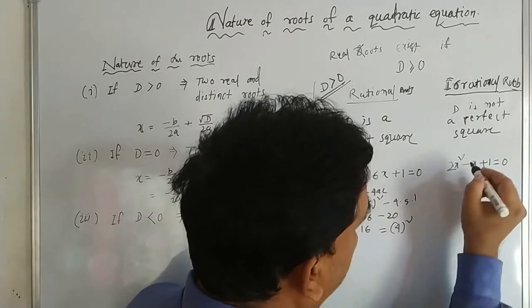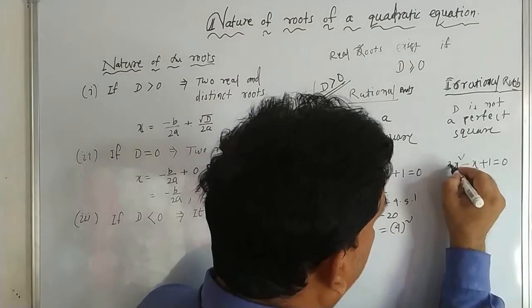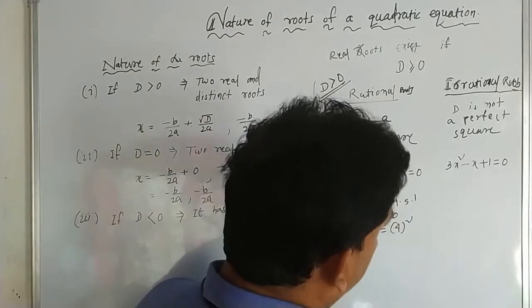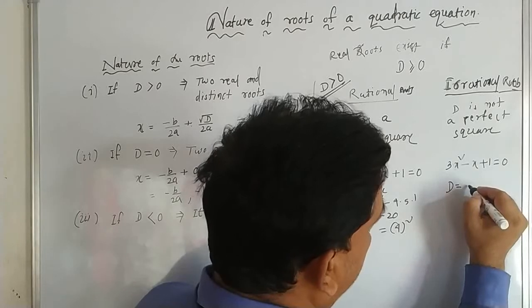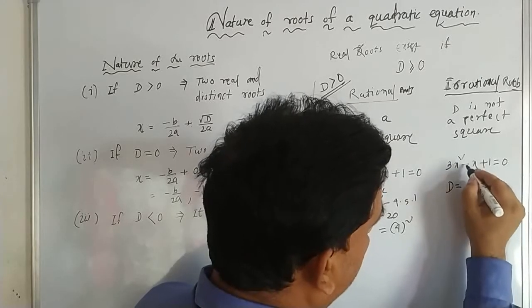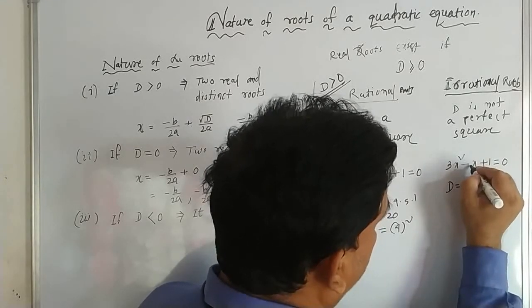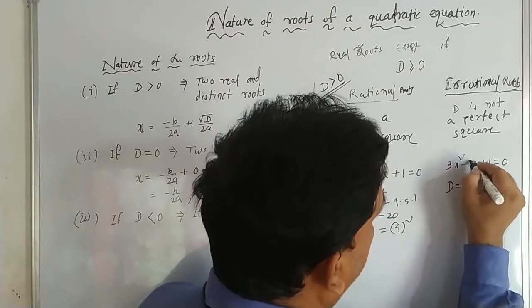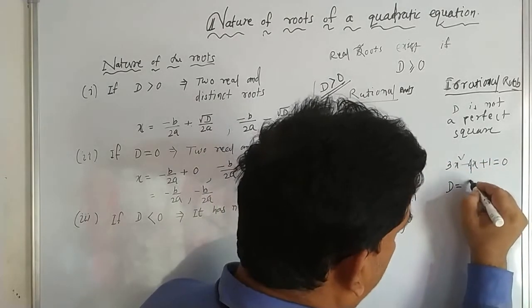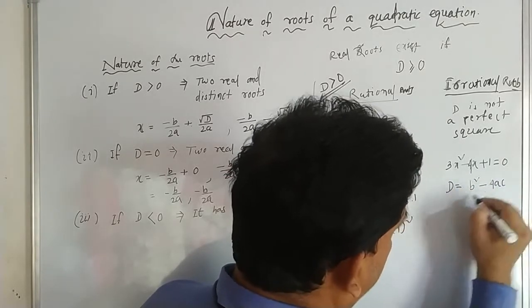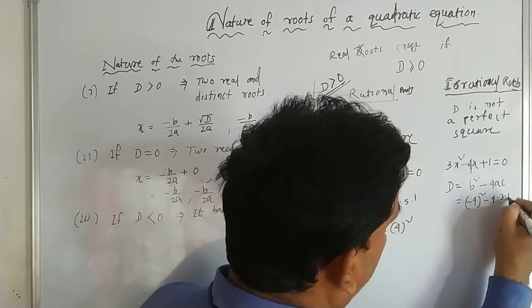Here D is equal to b square minus 4ac, so minus 4 whole square minus 4 into 3 into 1.